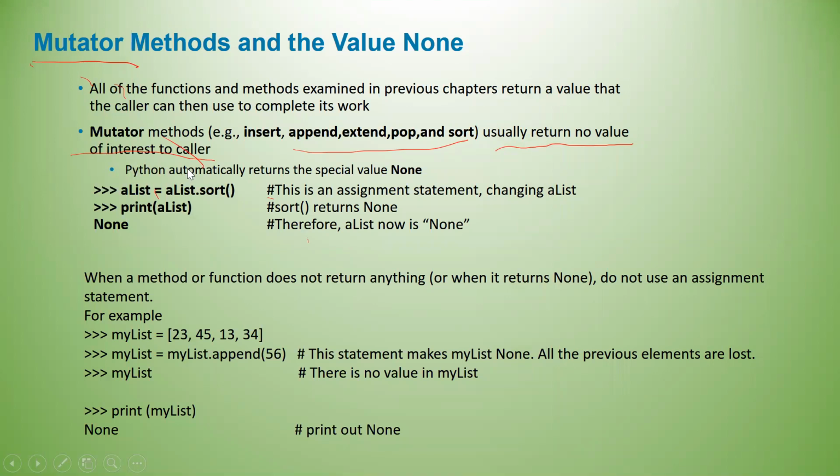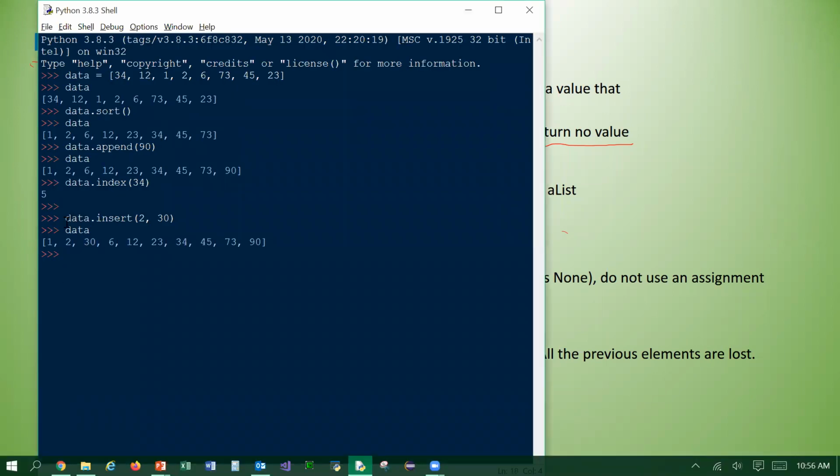But Python automatically returns the special value of None. And that is actually very dangerous sometimes. So let's look at this. When I say data.insert, I'm not assigning it to anything. When I say data.sort, I'm not assigning it to anything.